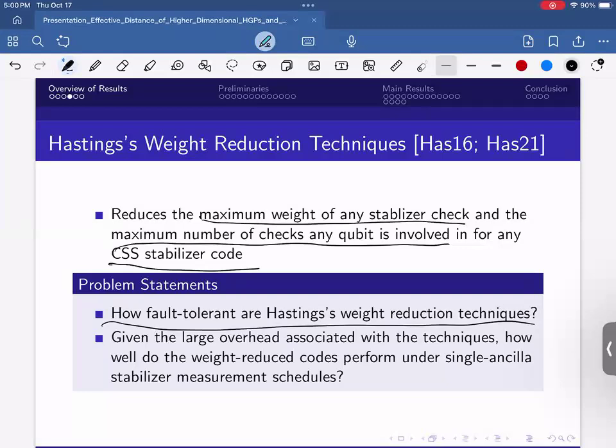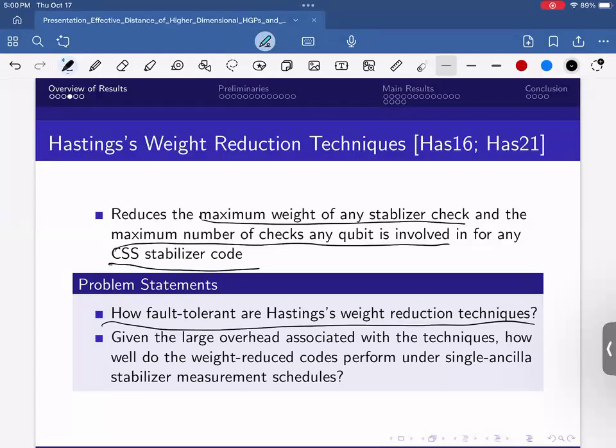Then how many logical qubits will the new code encode? In the techniques that Hastings was interested in, the number of logical qubits remains the same. So then your rate decreases. Yeah, your rate decreases, but you gain more practical benefits in terms of the things I've discussed earlier.